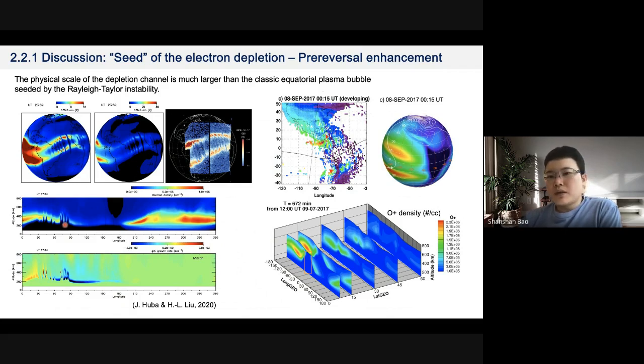Compared with our result, we can clearly see that the physical scale of this plasma bubble, or the Rayleigh-Taylor instability seeding, is much smaller than what we see in this storm. So from the simulation, we draw the conclusion that the seed of it is not Rayleigh-Taylor, it's the pre-reversal enhancement.